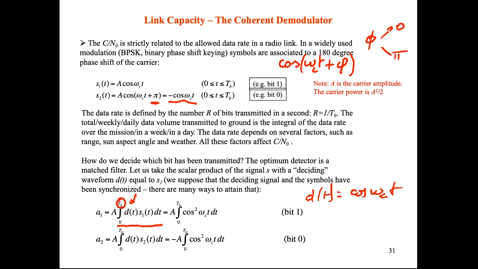Remember, T_bit is the bit duration, and we decide whether bit 1 or bit 0 was transmitted according to the sign of the outcome. If the scalar product is positive, we transmit bit 1. If the scalar product is negative, because we have minus cosine(omega_c t), therefore we transmit bit 0.